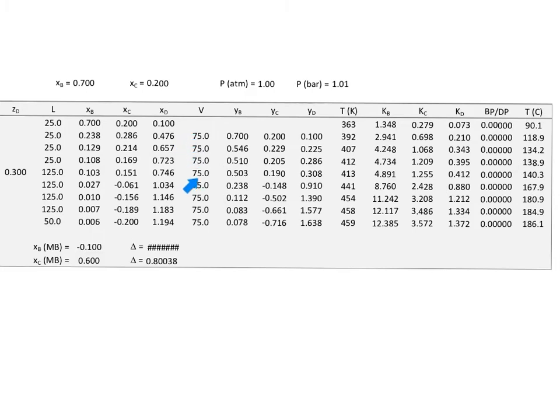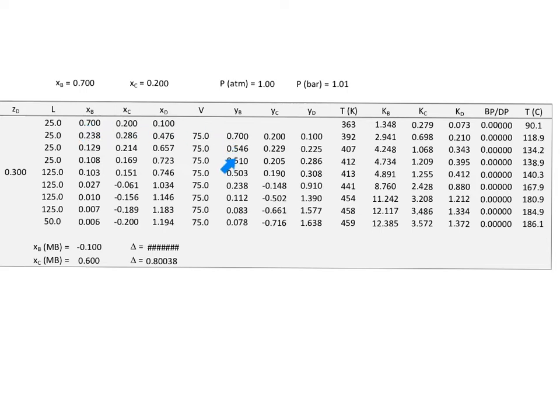The rest of the vapor flow rates are for the EMO assumption, and the liquid flow rates are all based on total mole balances. The vapor phase composition leaving tray 1 has to be the same as the distillate.